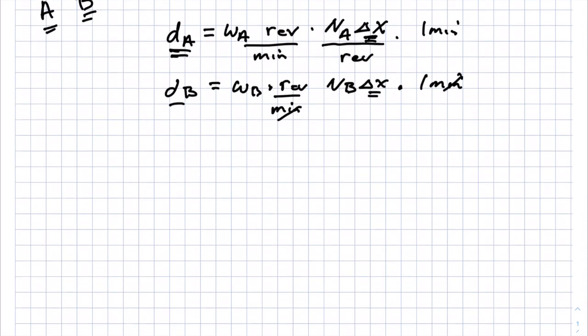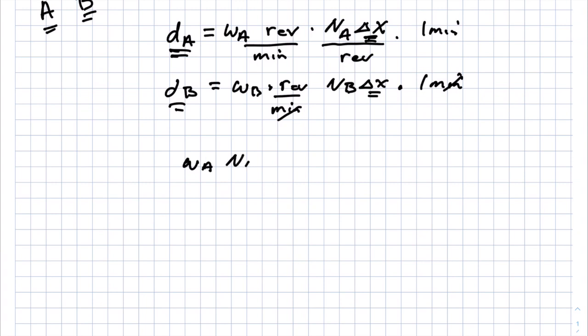I would get this formula for the distance traveled if you treated gear B as a wheel and let it roll out for 1 minute. Because the teeth sizes are the same, we should get the same distance between these two gears. So I can equate dA and dB.